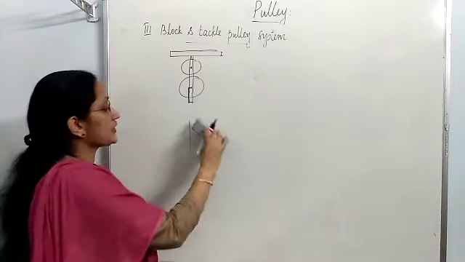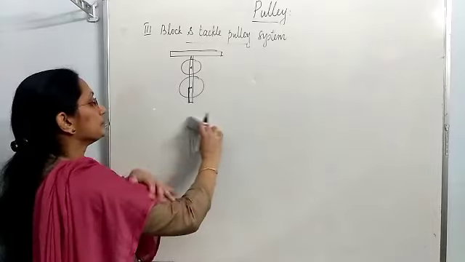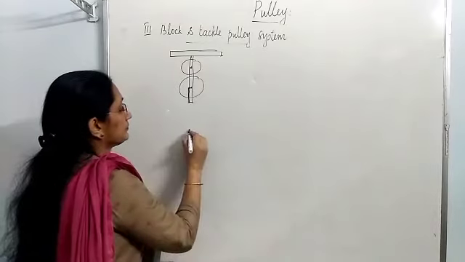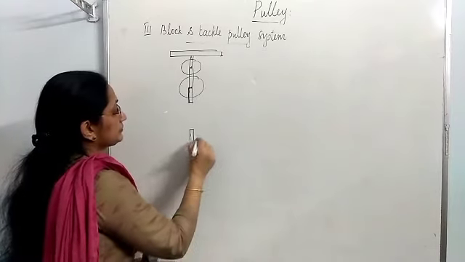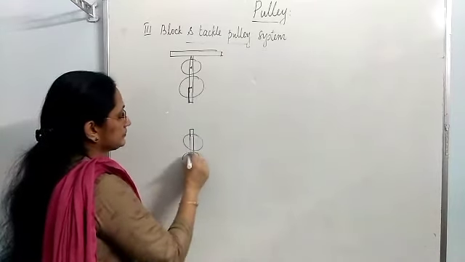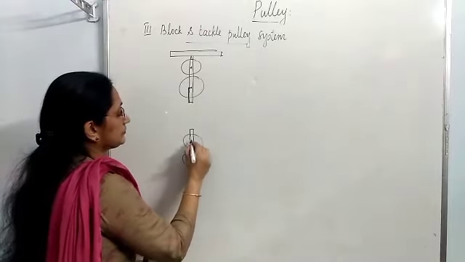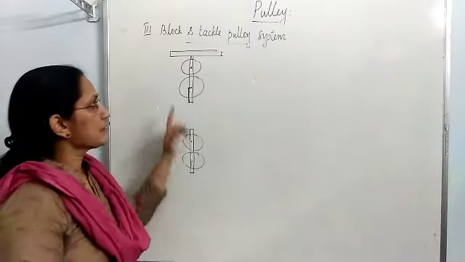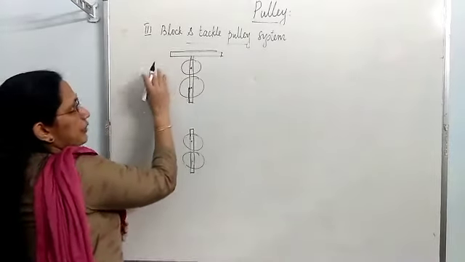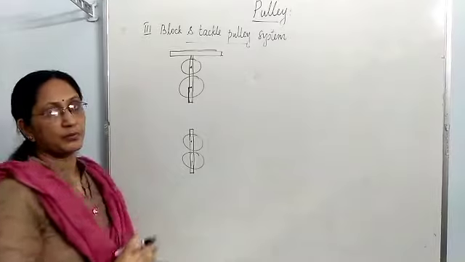These diagrams are important. So total 4 pulleys in 2 blocks. This block we call the upper block and this is called the lower block.